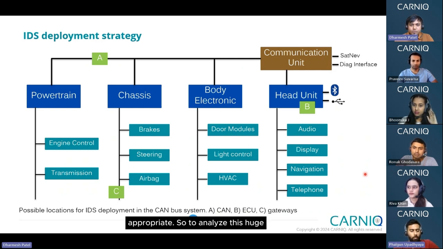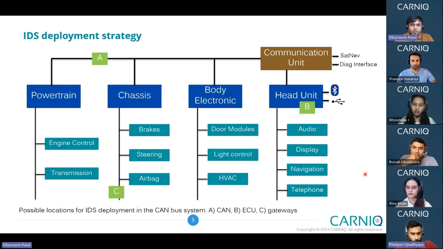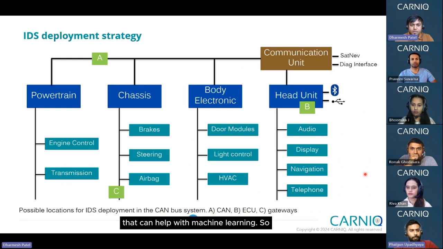To analyze this huge data, you require machine learning algorithms to identify whether there is any problem in the data, or to identify patterns that cannot be recognized by a human looking at the data. Using machine learning you can identify patterns in the traffic, and if you identify a certain deviation, it can raise a flag. Adaptive learning can also help, continuously improving detection accuracy as the machine learning model learns.